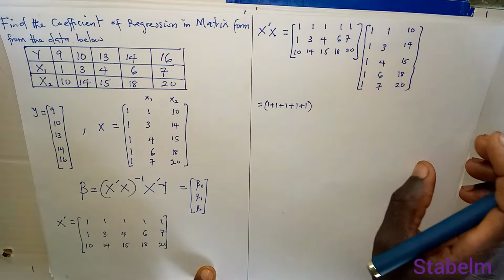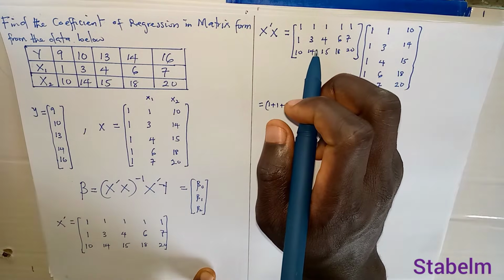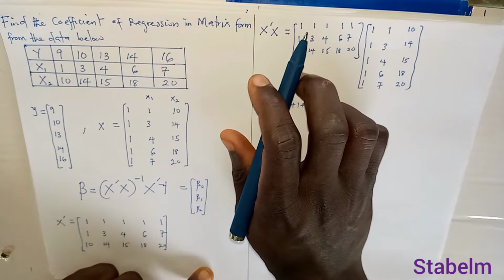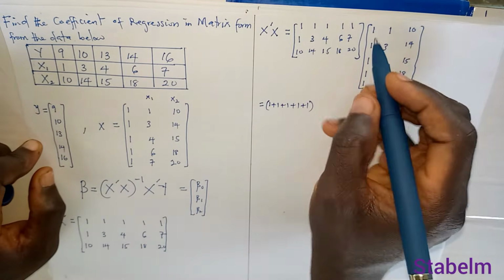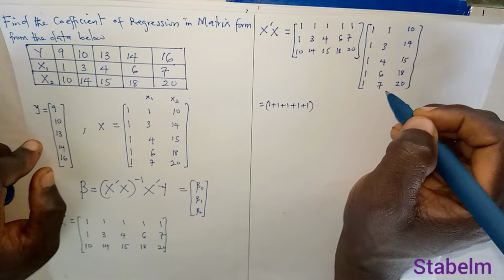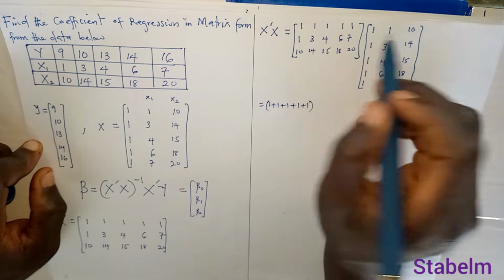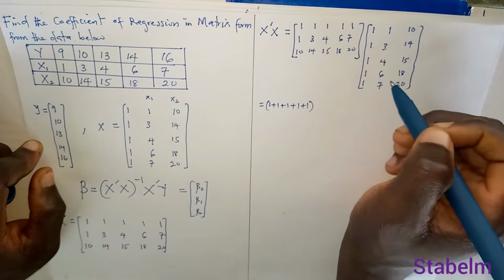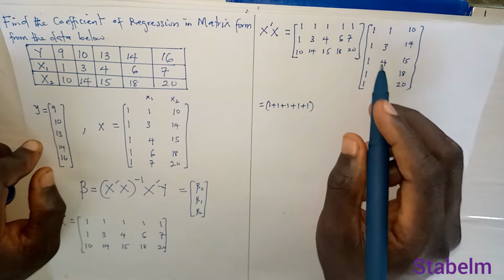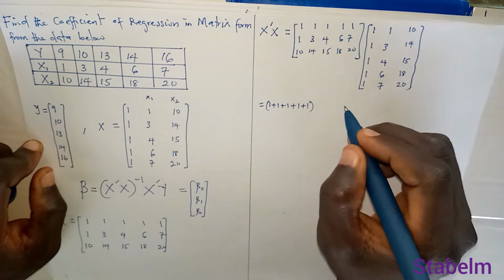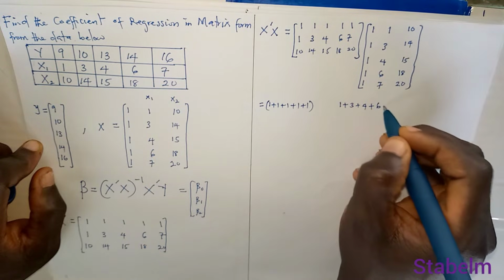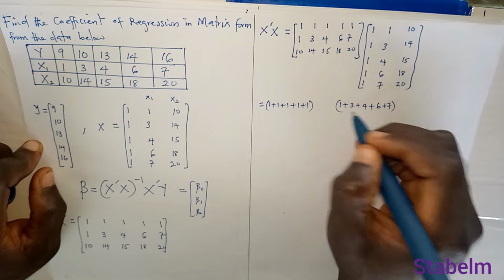All right. So secondly, we're going to use this same first row to multiply the second column. 1 times 1 plus 1 times 3 plus 1 times 4 plus 1 times 6 plus 1 times 7. That is what we are doing here, and that will give us 1 plus 3 plus 4 plus 6 plus 7.